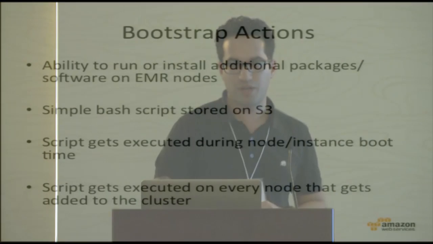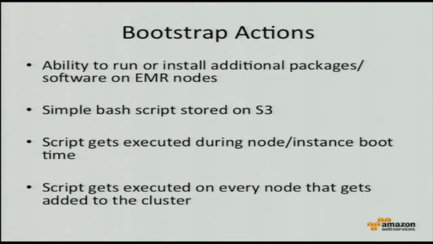But before that, let me talk about how we added Spark to Elastic MapReduce. One of the features we use to run Spark on EMR is bootstrapping. I'm a big fan of bootstrapping, so let me give you more details. Bootstrap Actions on EMR are a way for you to install or run anything you want on EMR nodes, and when I say anything, I pretty much mean anything.